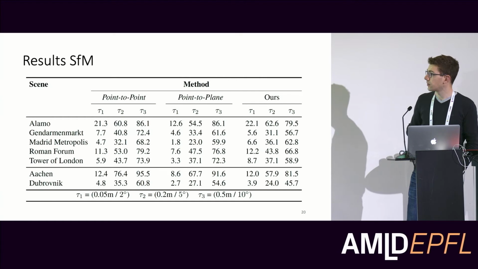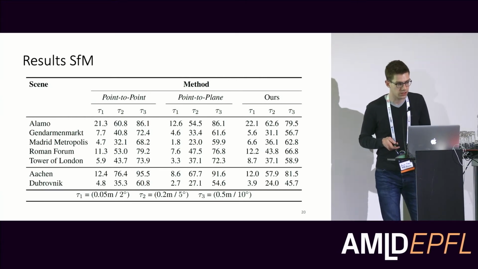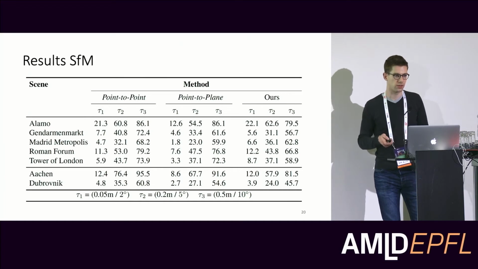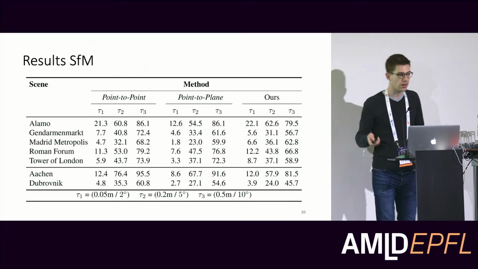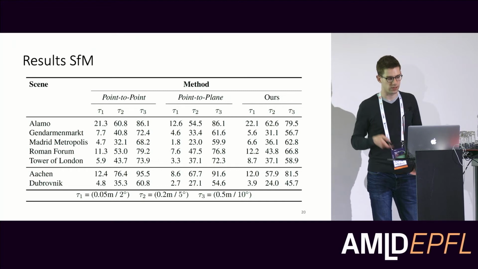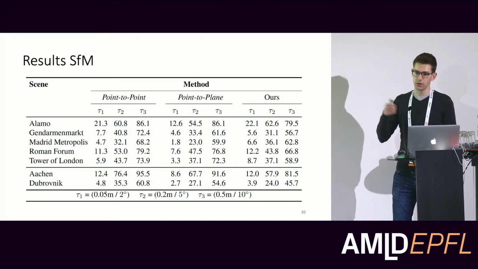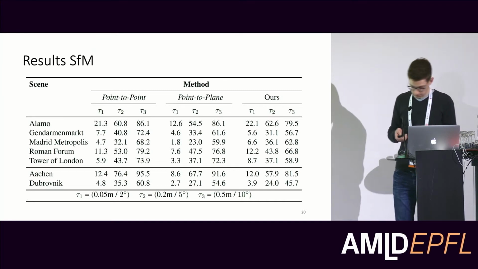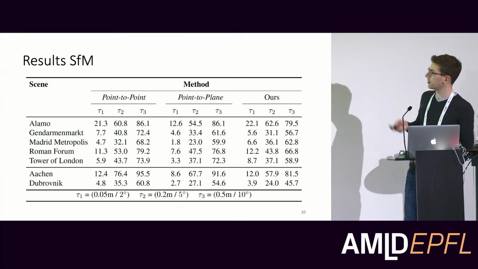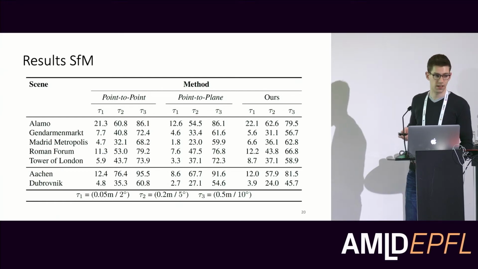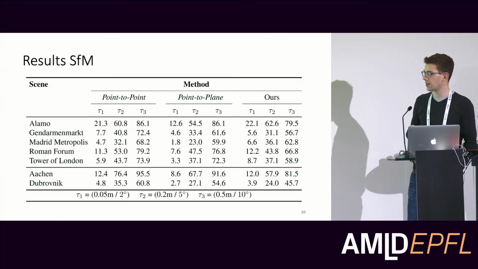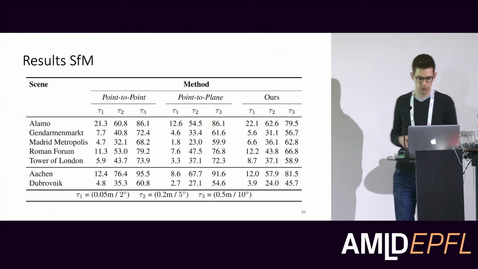To just give some quick results here. So as I said, we require some structure. So for these experiments, we used a large-scale SFM data set, and we just triangulated points from a few images around the query. We compared this basically with 2 other methods. First, it's a standard point-to-point alignment, so we have point cloud directly to point cloud.